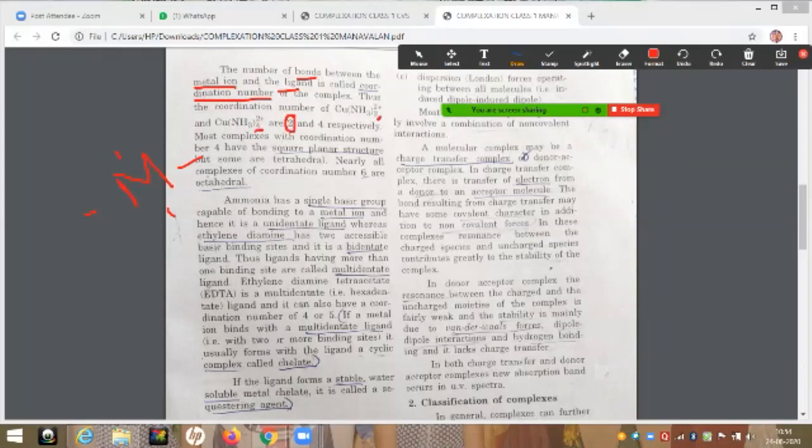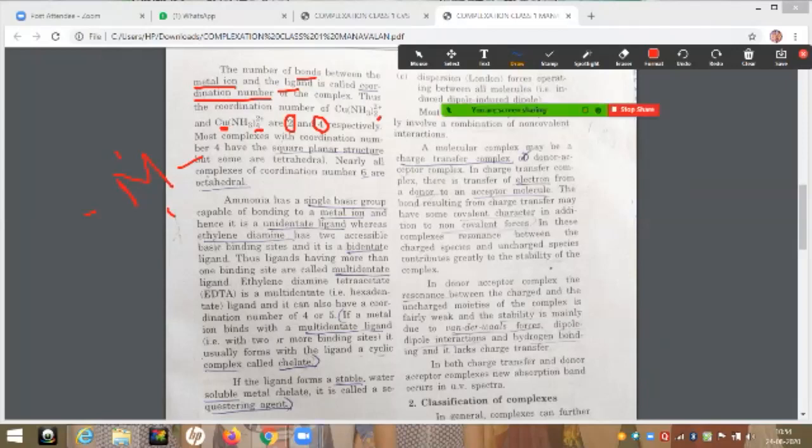Here 4 molecules of ammonia are giving away their pair of electrons to copper, which means 4 is its coordination number. Like this, the number of ligand molecules forming a coordinate bond with the substrate, we call the coordination number. Is this clear?